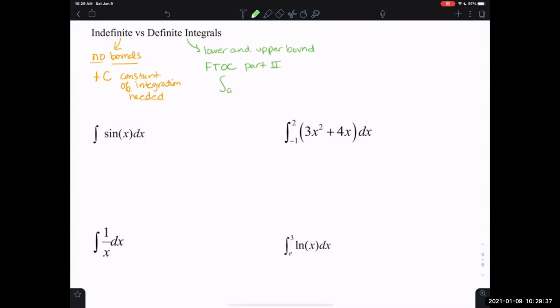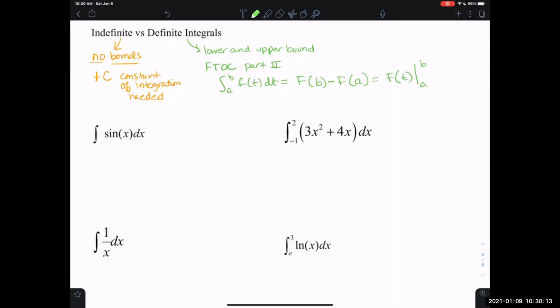So just for good measure, since you just learned it officially, finishing off my new evaluation, capital F of T from A to B, right?